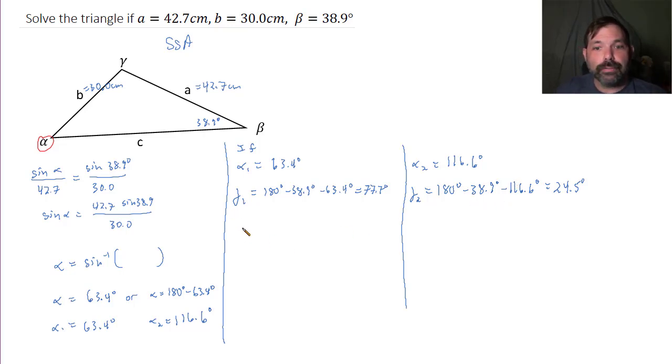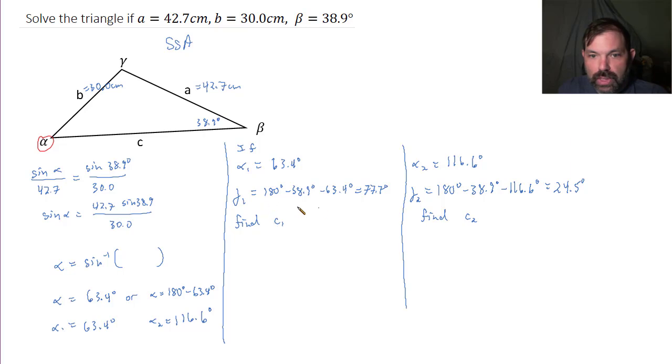So we need to find a C1, and we need to find a C2, because there are two possible triangles in this situation. All right, so let's find C1.